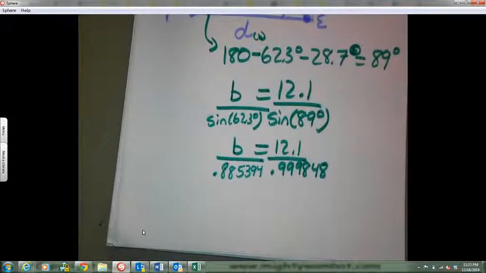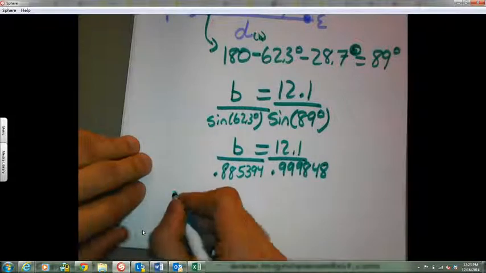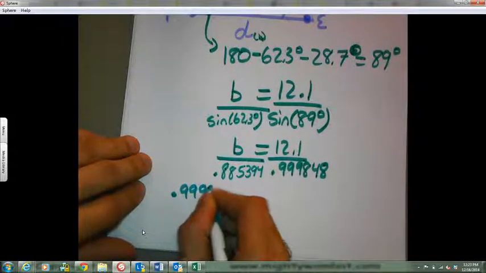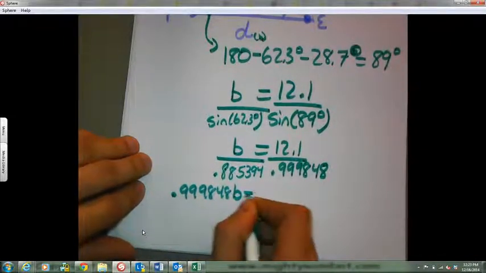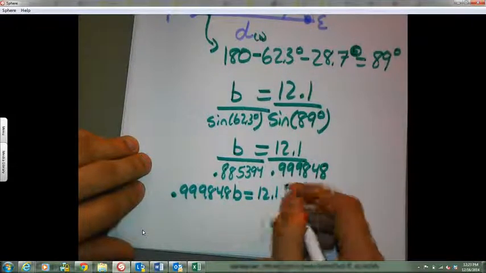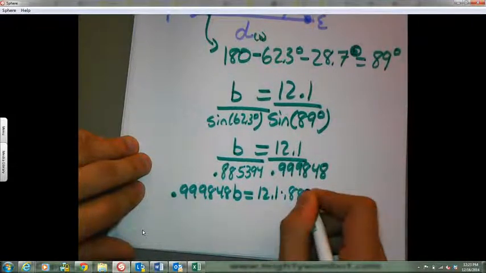Cross multiply. So 0.999848B equals 12.1 times 0.885394.